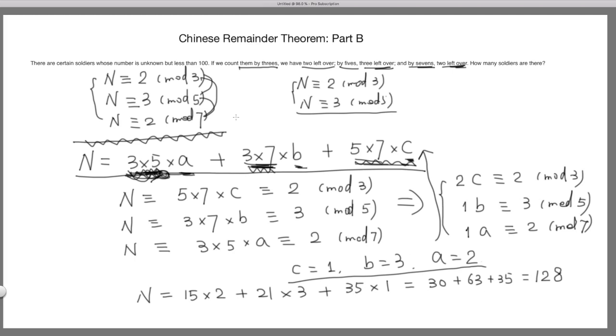Now, remember that we want to find a number that is less than 100, but 128 is bigger than 100, right? Is there a number less than 100?